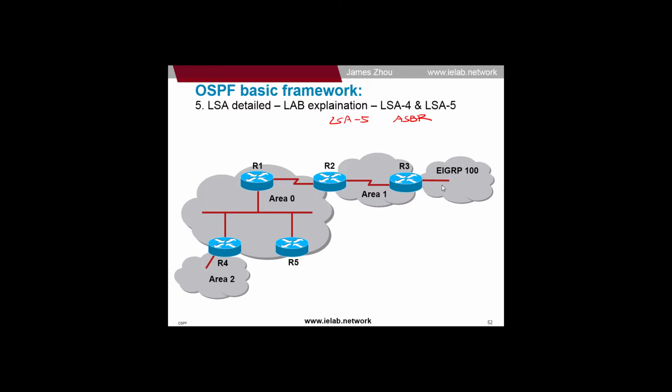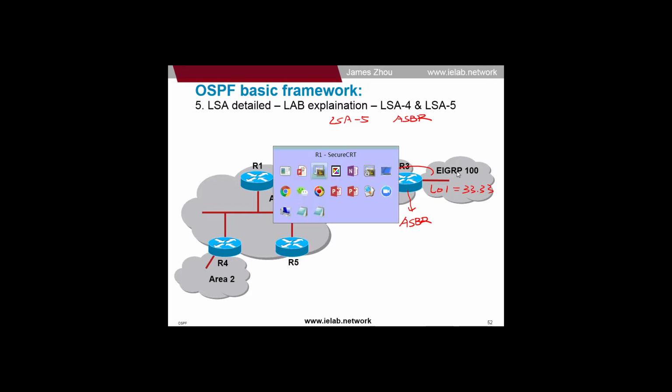On R3, create a new loopback 1 with IP address 3.3.3.3, and it belongs to EIGRP 100. We redistribute EIGRP 100 into OSPF. Now this router will be the ASBR. Check it.